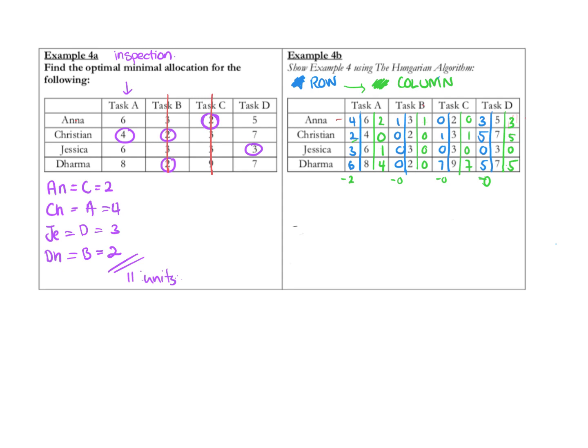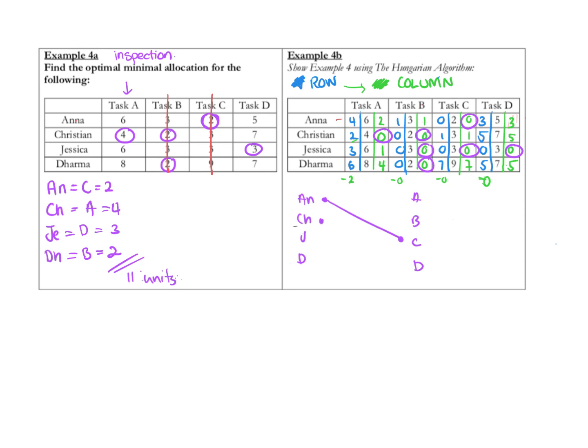So I'm ready now to allocate jobs. I'm going to allocate with the purple and the green one. So any green 0, I'm going to circle. Okay, so then I know what job, and now I can do my bipartite graph with Jessica and Dharma, and then we've got task A, B, C, and D. So Anna can only do task C because she's got the 0.